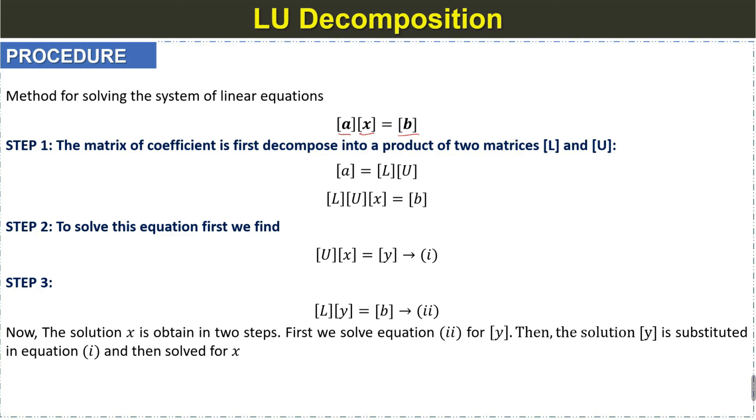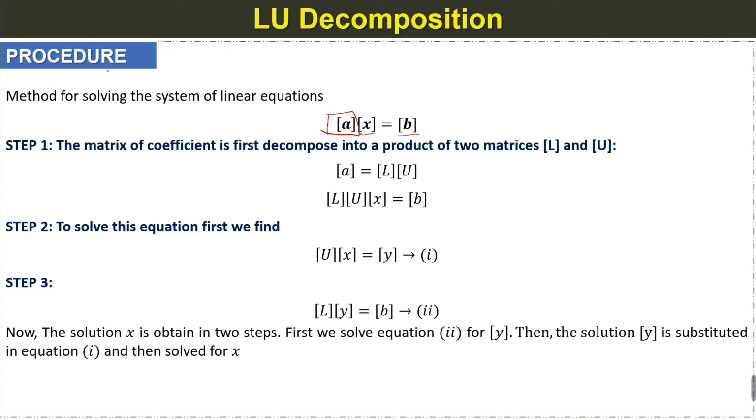Okay, so now we discuss the procedure of Crout's method: after decomposition of the coefficient matrix into the lower triangular matrix and the upper triangular matrix, what we will do in the next steps to calculate the solution of the system of linear equations.